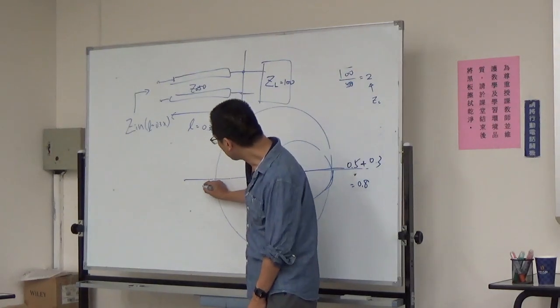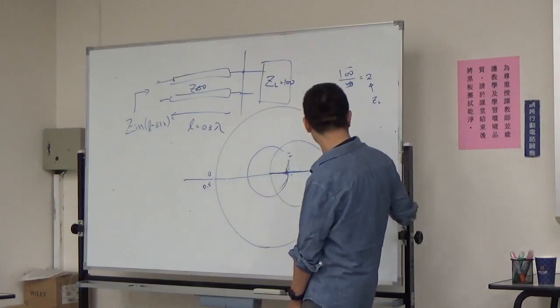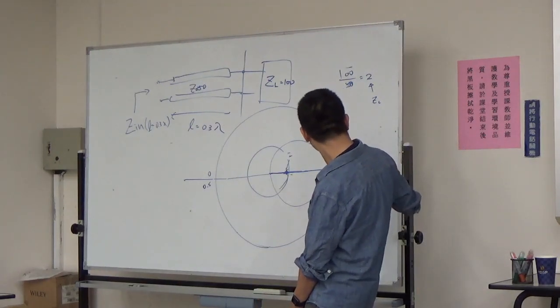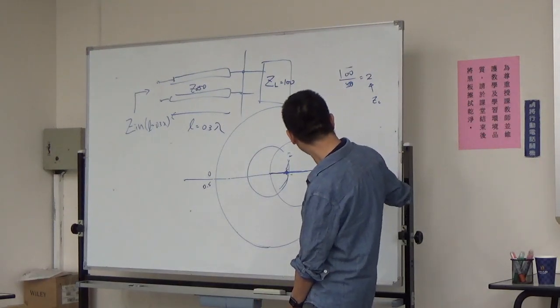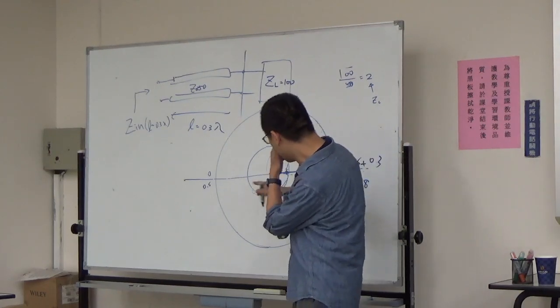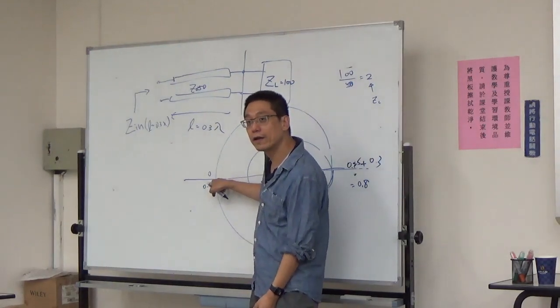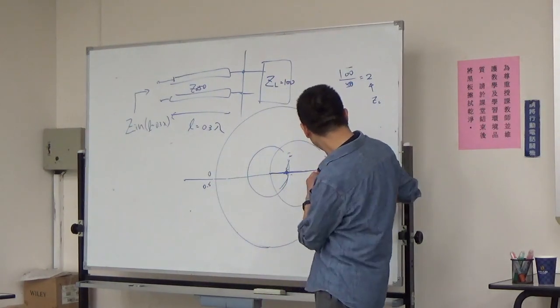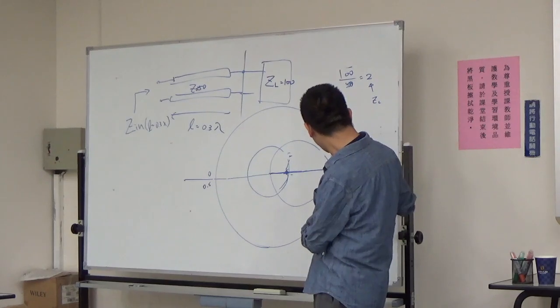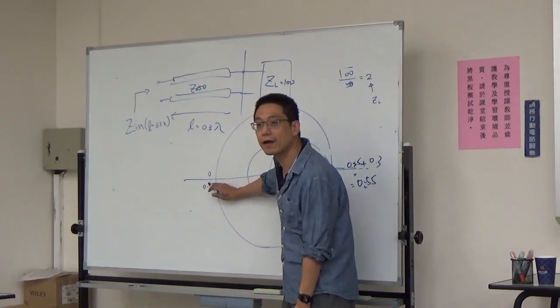It is 0.5 or 0, right? 0.25. Here? Okay, yes, 0.25. And this is 0 and also 0.5, right? So it is supposed to be 0.55, but there is no 0.55.